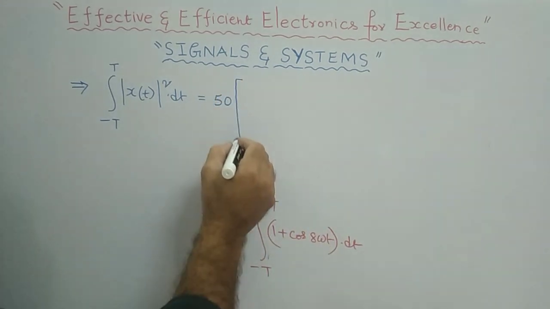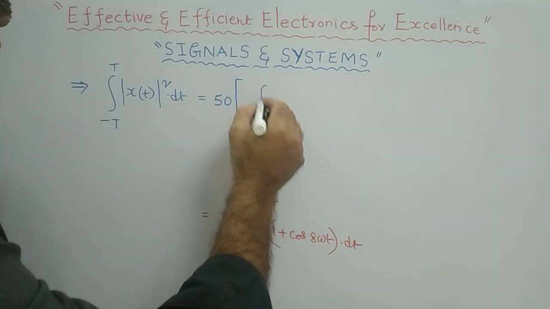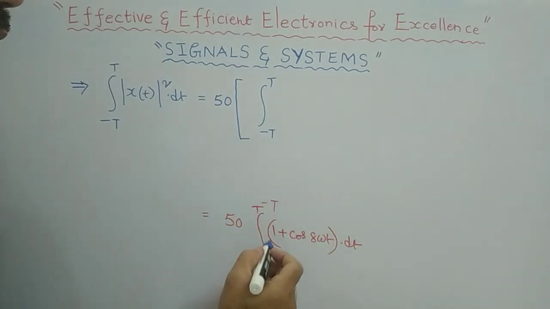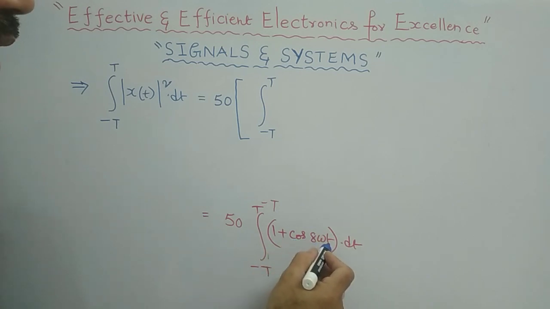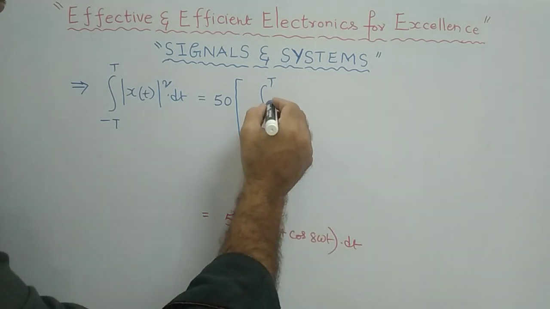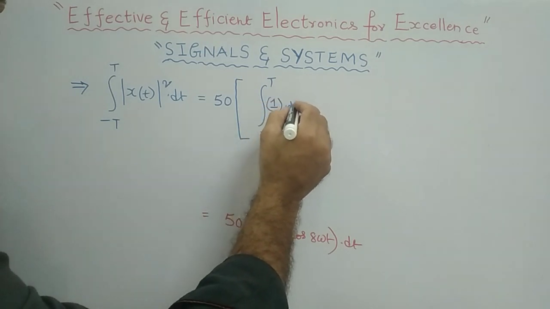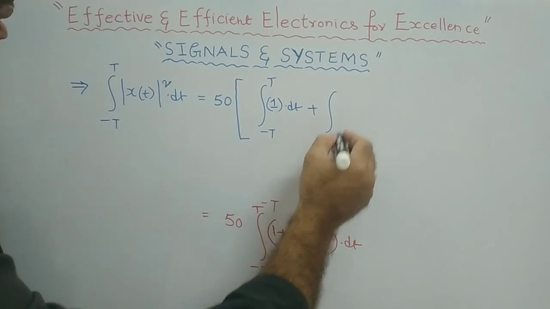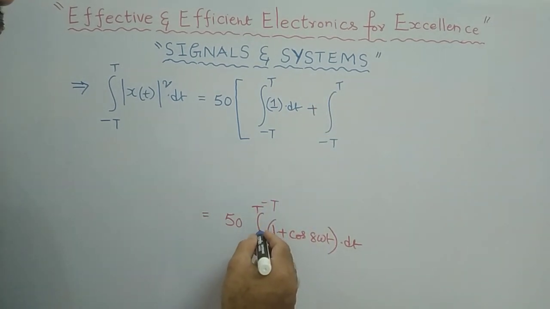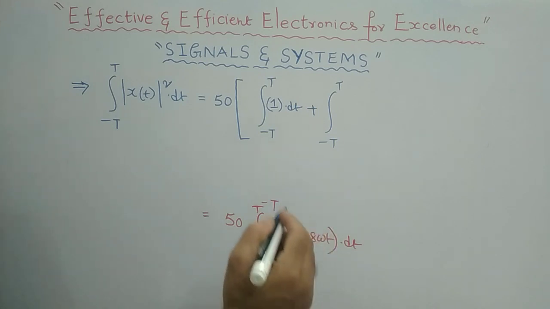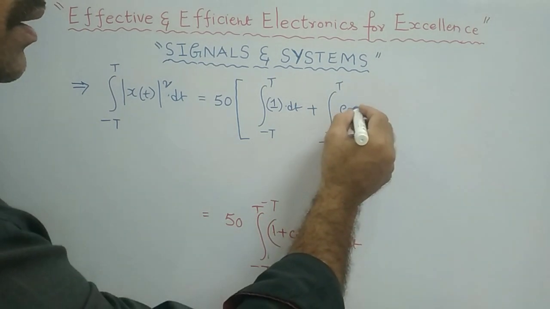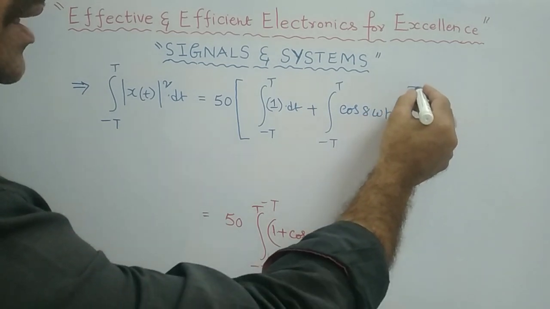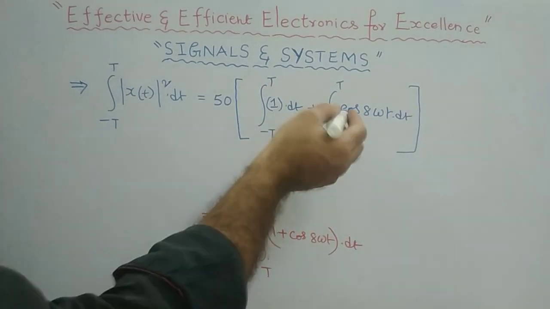You put a big bracket like this, and it is minus T to capital T, 1 into dt. Two terms are there, no? 1 plus cos 8 omega t means 1 into dt. You can write 1 into dt for this first term, and then plus again write minus T to T, I mean the second one. If I am expanding here for my convenience, you can write here cos 8 omega t dt. Clear? You can expand this particular term like this.